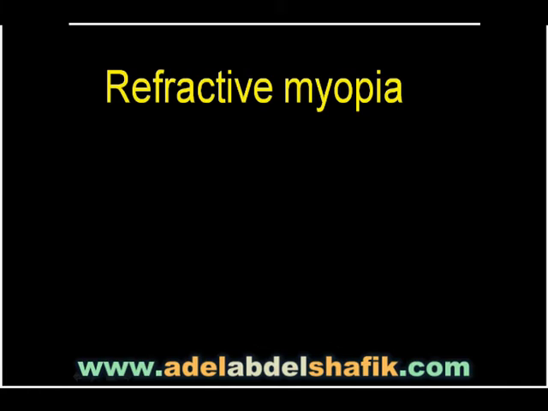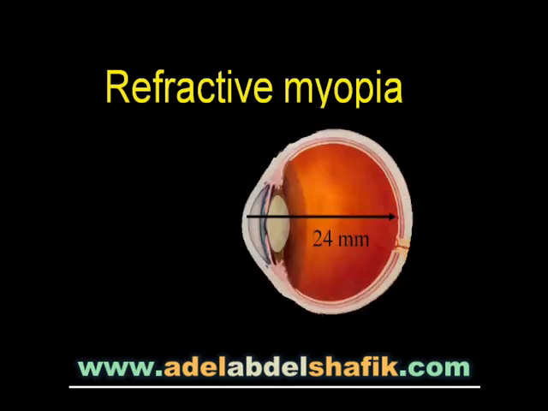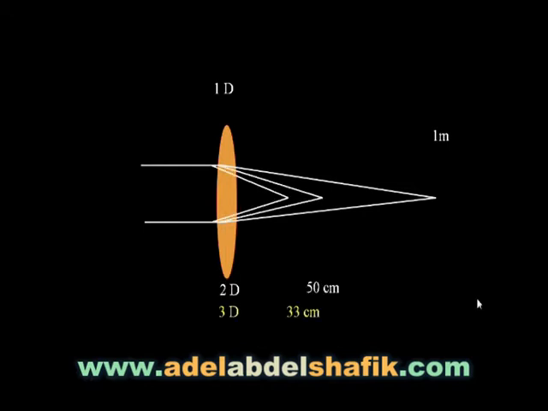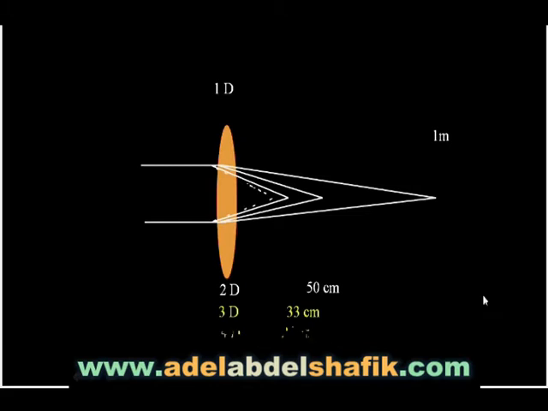The second type is refractive myopia. In this case, the axial length of the eye is normal, while the power of the optical system of the eye is higher than normal. So the higher the power of an optical system, the closer the focus is to the lens.